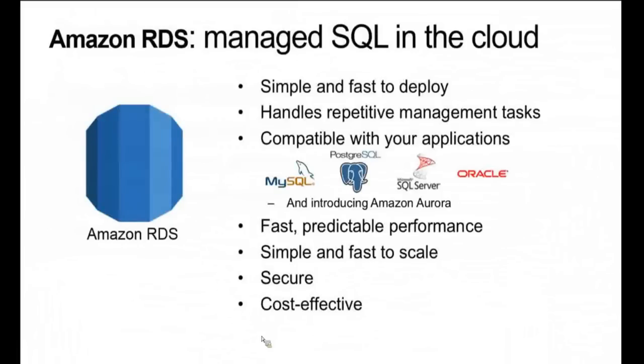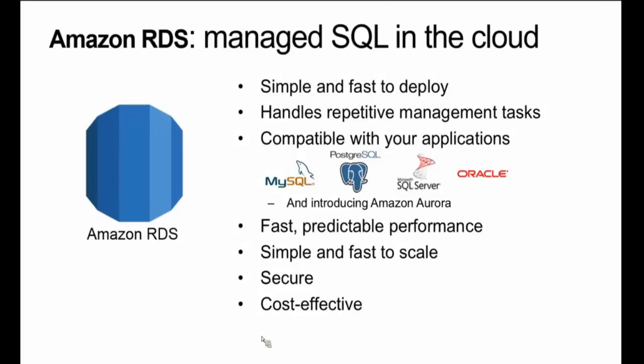So Amazon RDS is a managed relational database in the cloud. It's an SQL type of database. One of the main advantages of RDS is that it's very fast and simple to deploy. You can use a command line or an API, or most people use the console, to create, modify and manage their RDS instances.